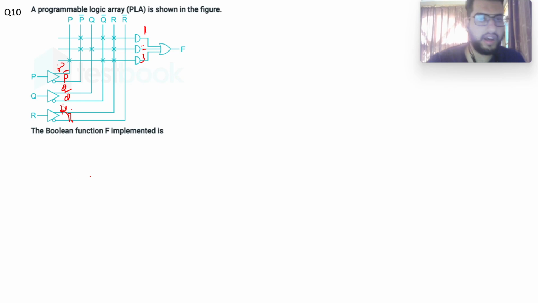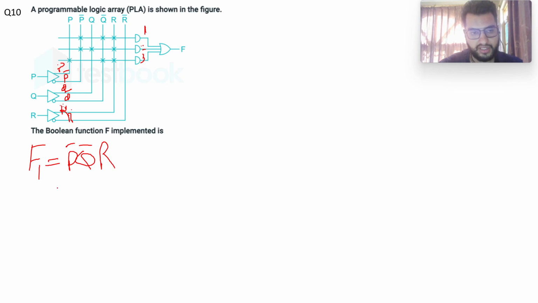So f1 will be equal to P bar, so take a look at this line that is going here. f1 is equal to P bar Q bar R, right, an AND operation between these signals.